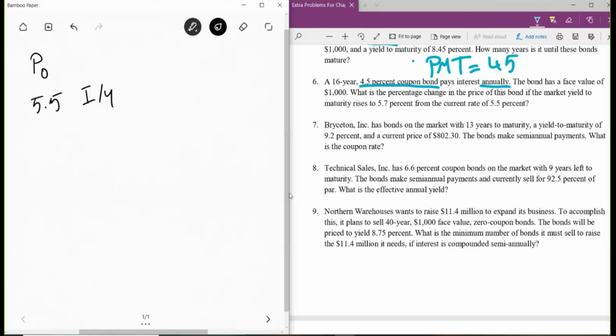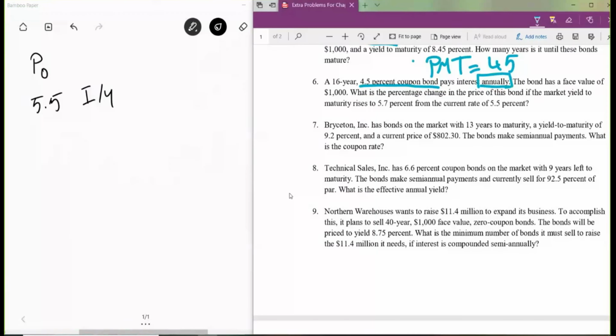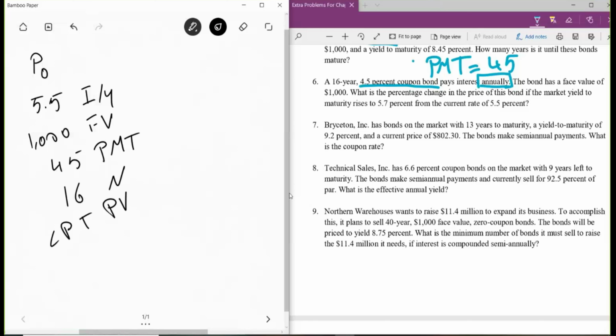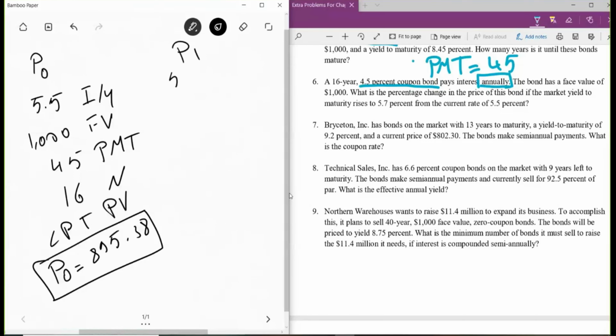I don't need to divide by 2 because I have annual compounding. $1,000, this is FV. 45, this is the payment. 16 is N. I compute PV. So the price P0 is equal to 895.38.